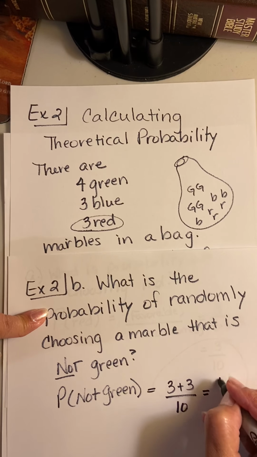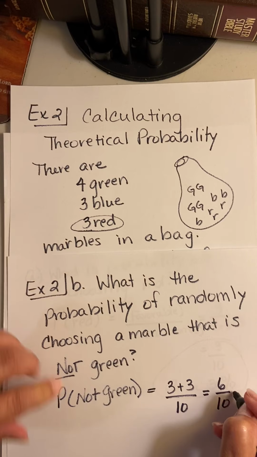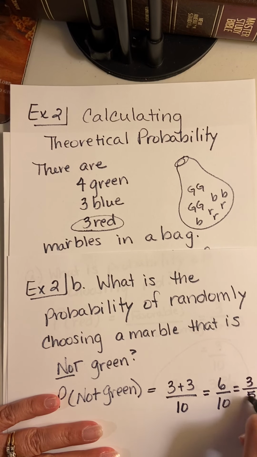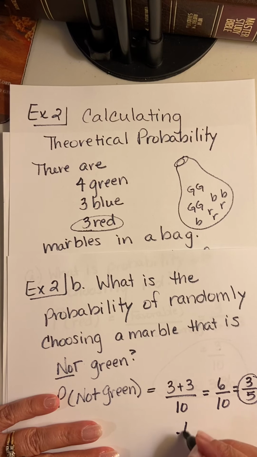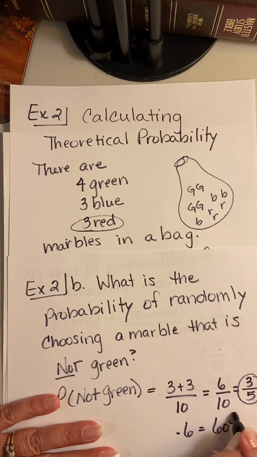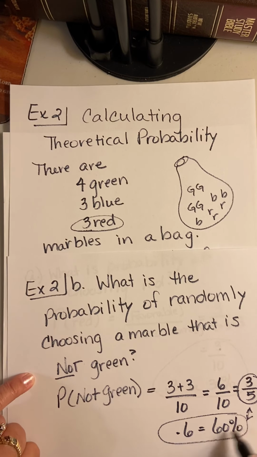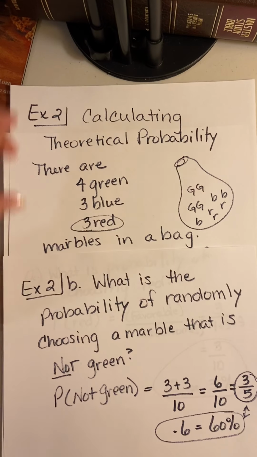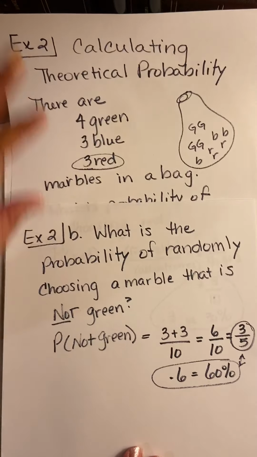10, which is equal to 6 out of 10, which in the end becomes a 0.6, or 3 out of 5. There's a 3 out of 5 chance, or a 0.6, which is equal to 60%. So there's the other options that mean the same thing as this. That's the probability of not choosing a green. And I know this isn't in your book, but I'm going to go ahead and add this.